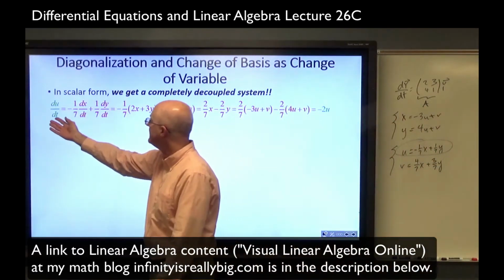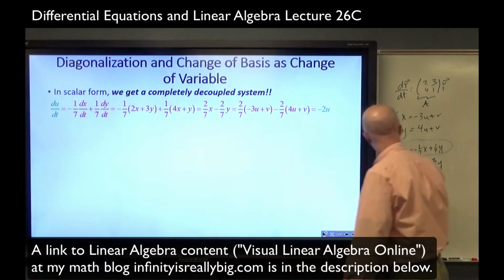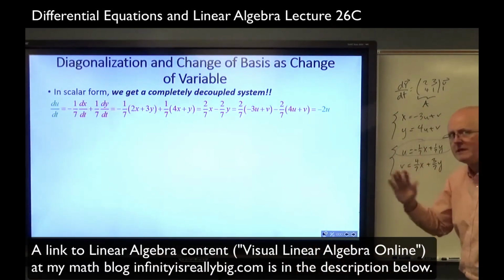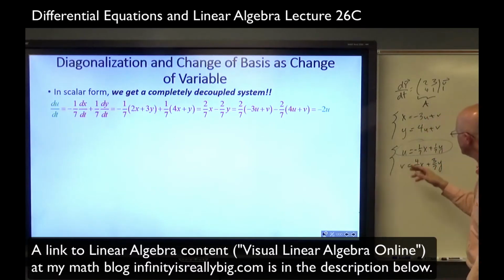Du/dt is what you get when you differentiate the left side with respect to t. You don't know what u is, but you can still do the abstract calculation. Differentiate the right side with respect to t. Little x and little y depend on t as well. And the derivative is a linear operator, which is a linear transformation on function spaces. But anyway, you'll get negative 1/7 dx/dt plus 1/7 dy/dt, which is what you see there.